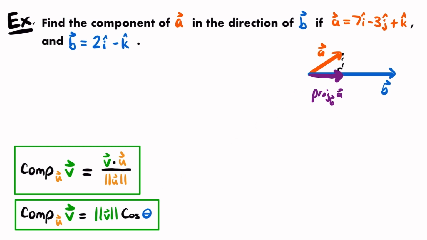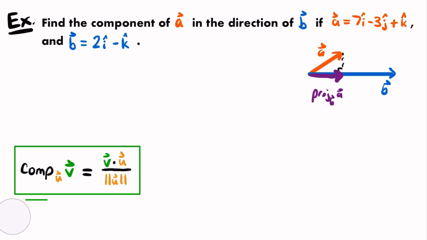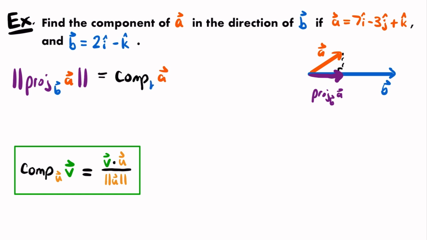All we're given are what vector A and B are equal to. So it's a pretty easy choice here. We know we don't want to use this second formula. We want to use this formula right here. So what we're actually trying to find here, of course, is the magnitude of the projection of vector A onto vector B, but that's going to be equal to the component of vector A onto vector B.